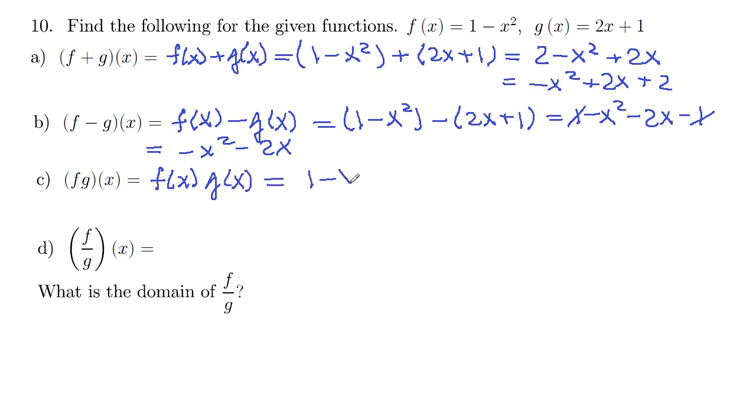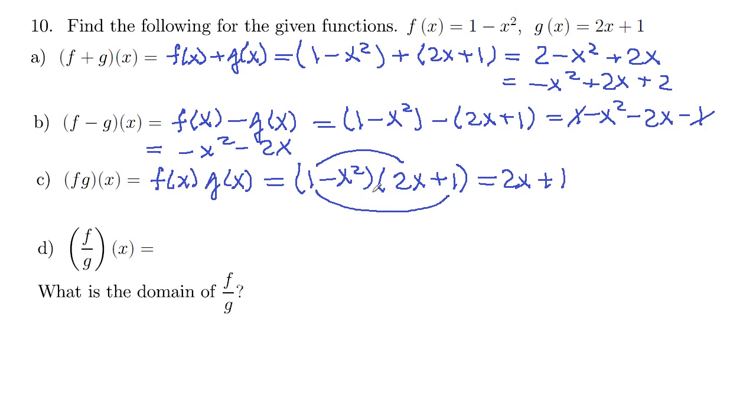So we've got 1 minus x squared, and we're going to multiply by 2x plus 1. So these are binomials we're multiplying, so we can just use FOIL here. So first terms, 2x, outer terms, 1, inner terms, negative 2x cubed, and then our last terms, negative x squared times 1 minus x squared.